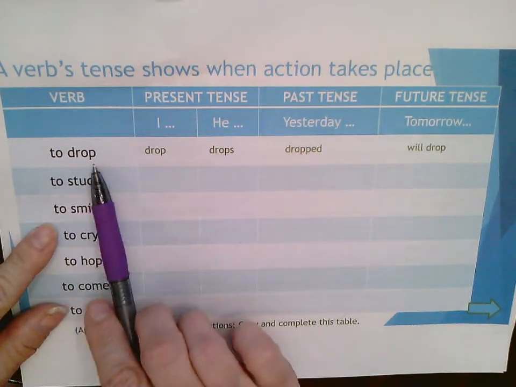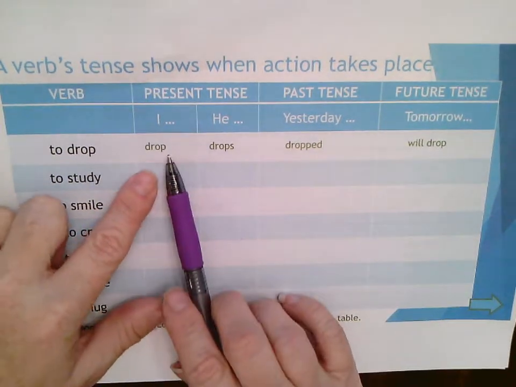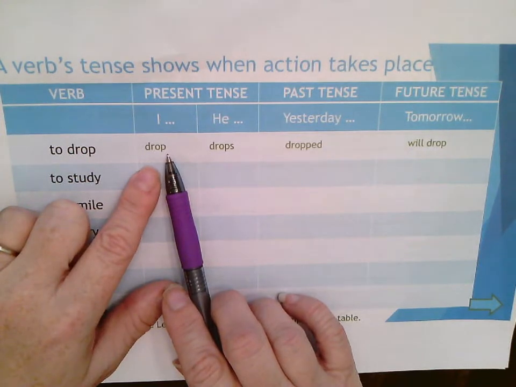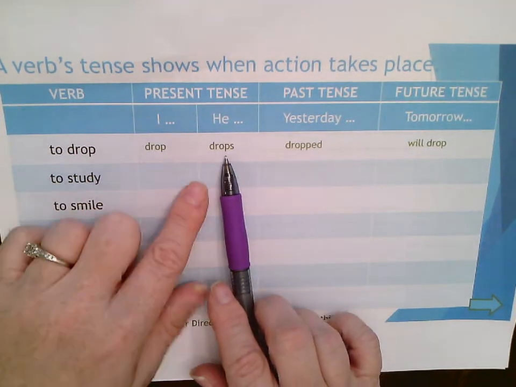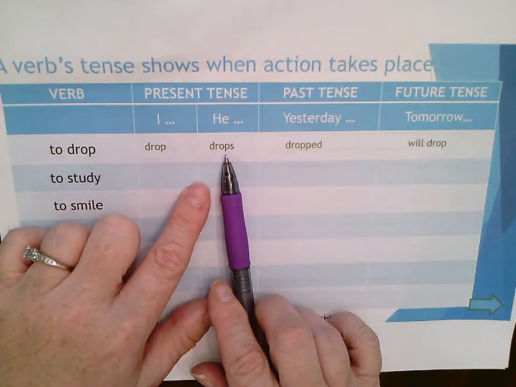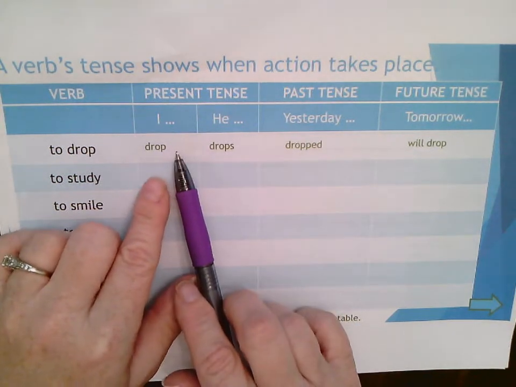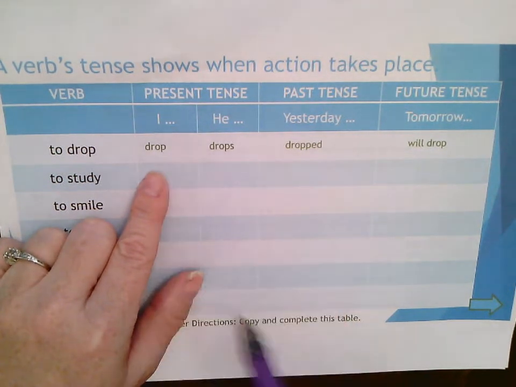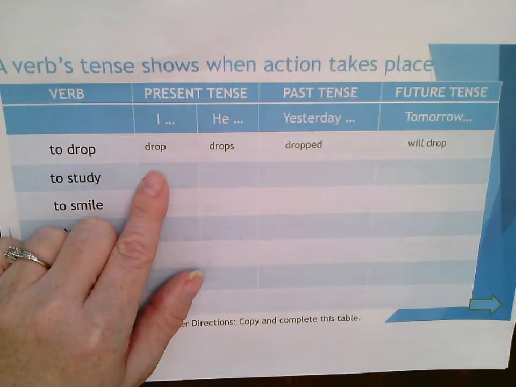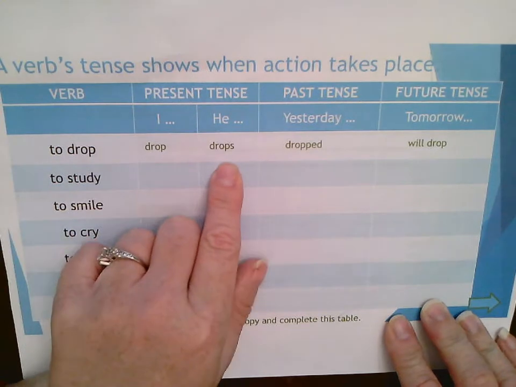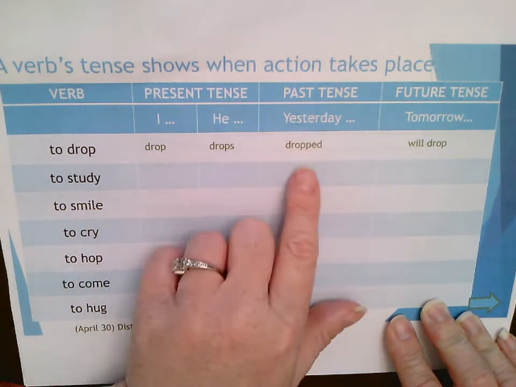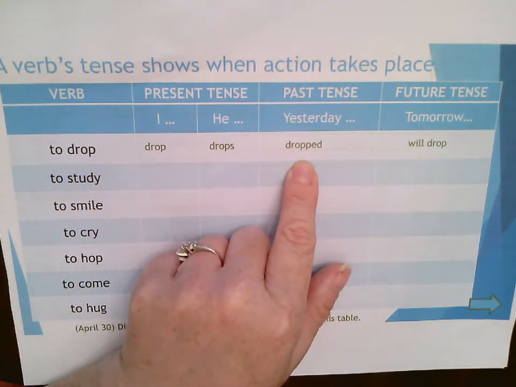If the verb is to drop, I drop, he drops, and I drop has no S on it because I and you are those two pronouns that do not need anything added. He drops, we just added the S. Past tense would be yesterday something happened or it already happened.